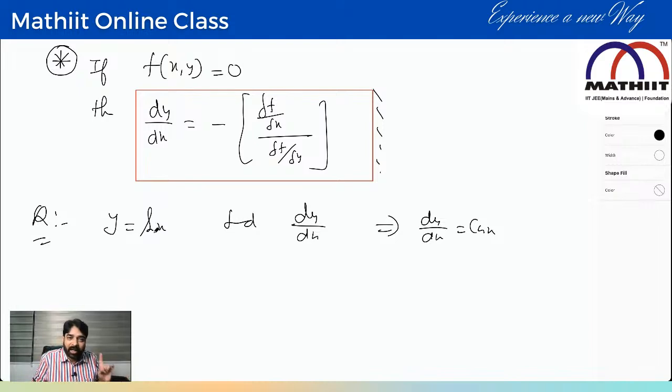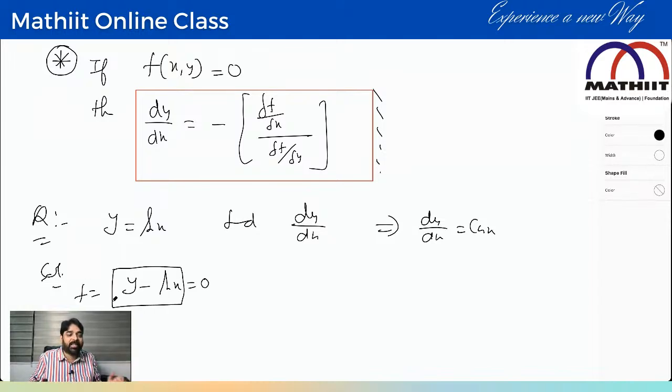For the condition, one side of the expression should be 0. Watch it carefully, everybody. y equals sin x. So I shift sin x here, because this condition has to be satisfied. y minus sin x equals 0, can I write? Now this is your f. Whatever left side is coming, that is always called the f function.